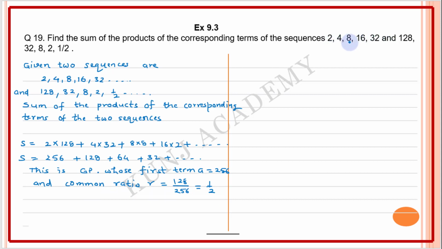We have to take only 5 terms. Therefore, there is no need to continue: 32 into 1/2 is 16. Number of terms is 5.